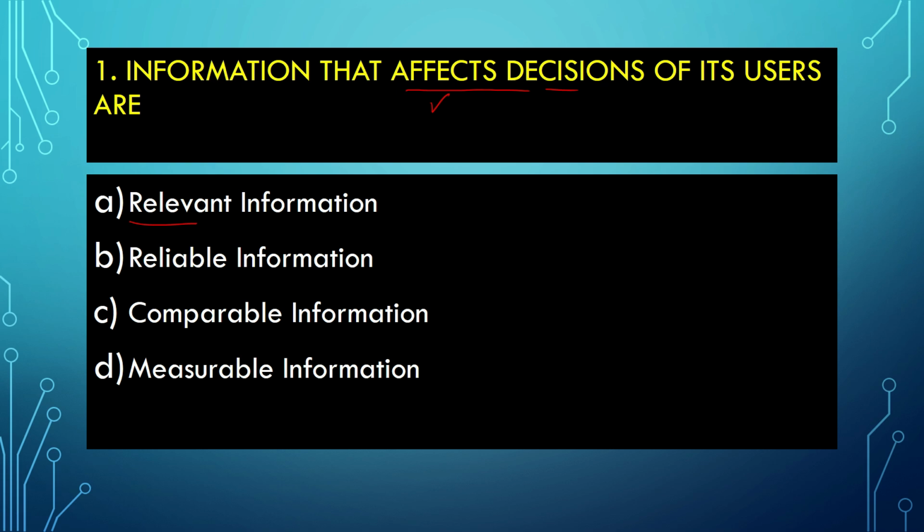So here the option will be relevant information. If the information is relevant, then only it can influence the decisions of its users. The other qualities are also available, but they are not linked with affecting the decisions. So the correct option is A, which is relevant information.